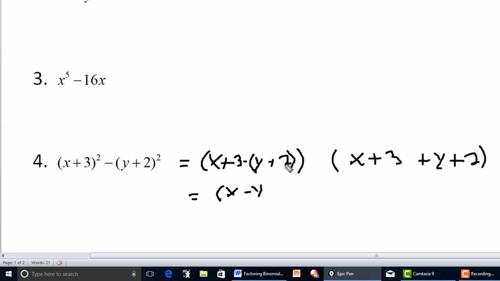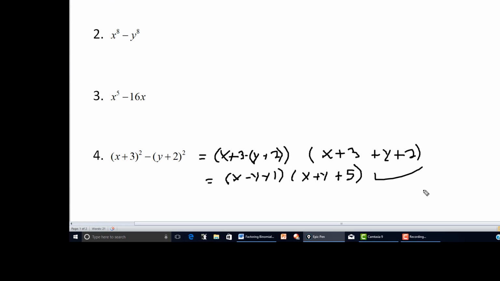And then this 2 becomes a minus 2 because of the minus, so 3 minus 2 is a plus 1. So this first factor becomes x minus y plus 1. And in the second factor, you got x plus y, and the 3 and the 2 add up to 5. So that's the factorization for that one.